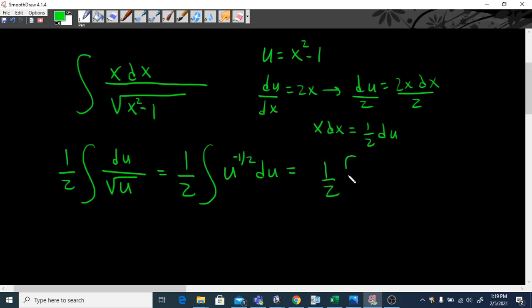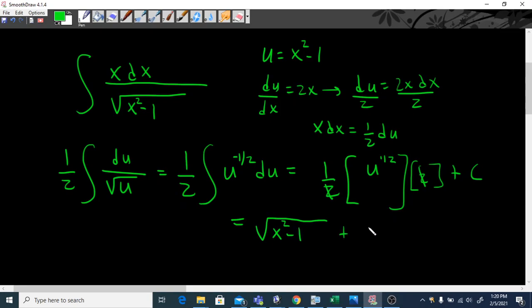This is 1/2 multiplied by u to the, and then add 1, negative 1/2 plus 1 is positive 1/2, and then we divide by 1/2, which is the same as multiplying by 2. That causes these to cancel. We get the plus c here. Back substitute: this is the square root of x squared minus 1 plus c.